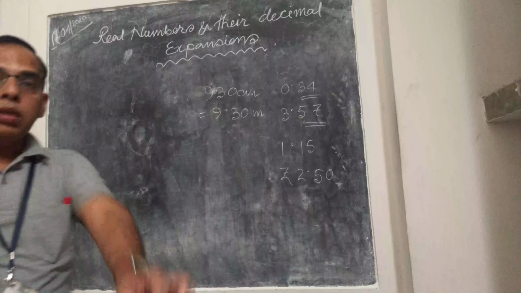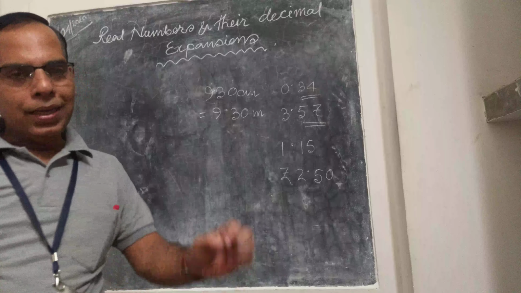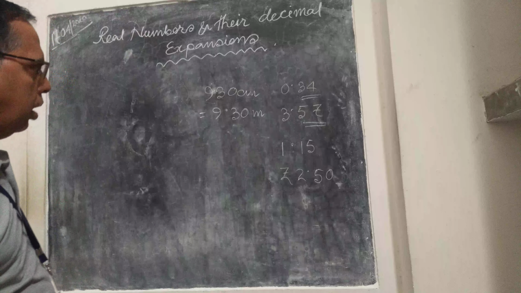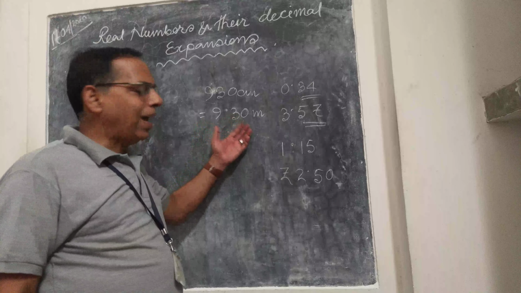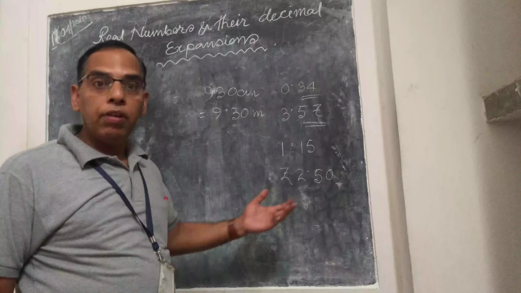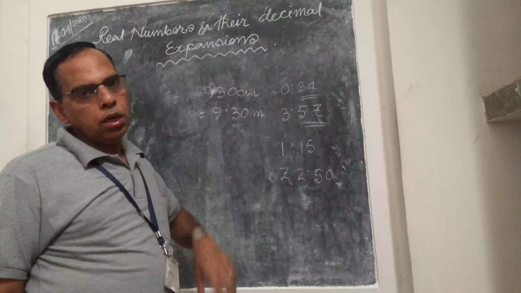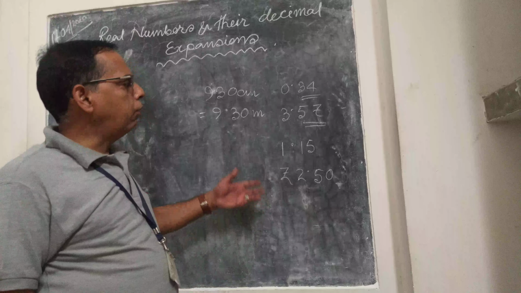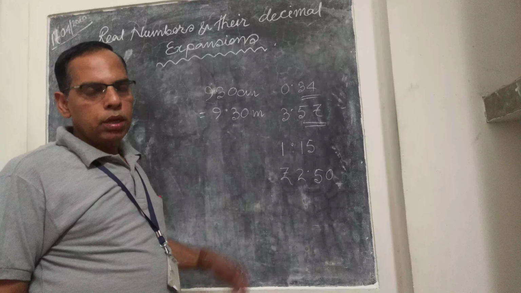Clear? So that is the reason decimals are needed, and decimals are very important in our maths and also in our daily life. Very often we use the decimal part.